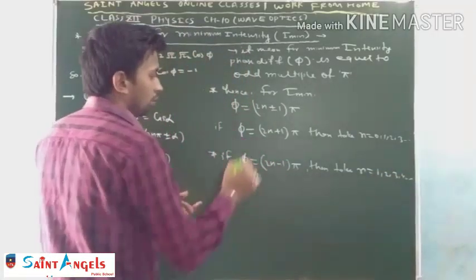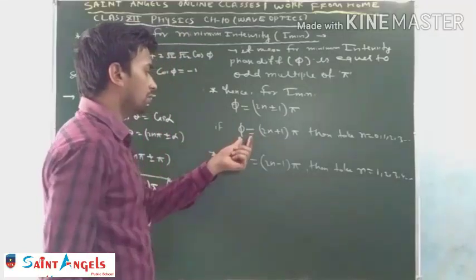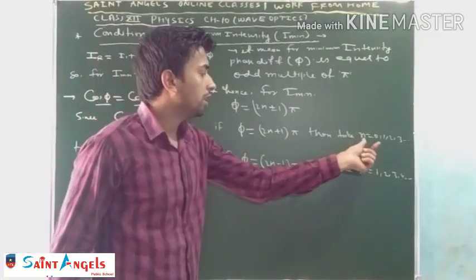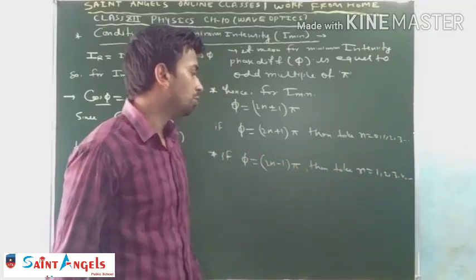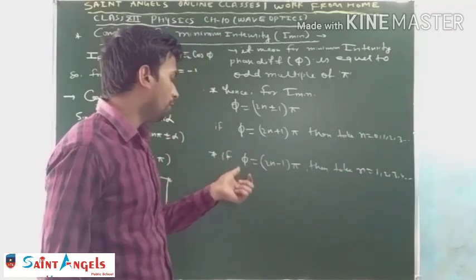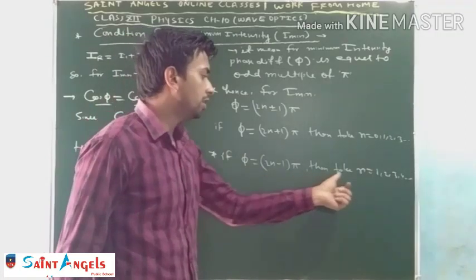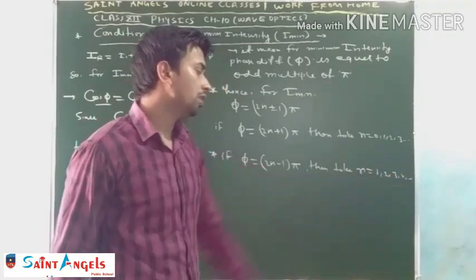It means if one writes phi as 2n plus 1 pi, then they take n equal to 0, 1, 2, 3, 4 and so on. And if one takes phi equal to 2n minus 1 into pi, then they take n equal to 1, 2, 3 and so on.